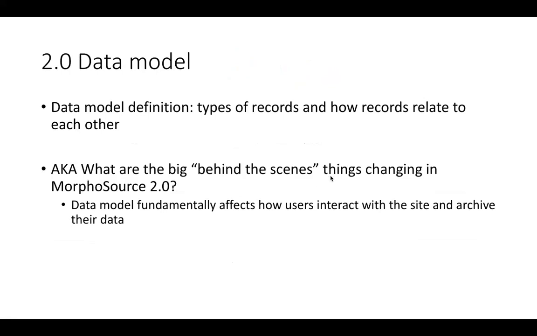I will mention user interface as we go forward, but this is more behind the scenes than user interface stuff. But also how you structure your records obviously affects how people can interact with the site, what kinds of data they can store, what kind of use cases you can support. So we'll be bringing that up throughout, even if it's not the direct priority here.